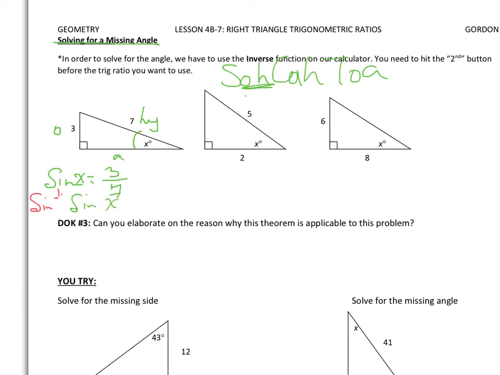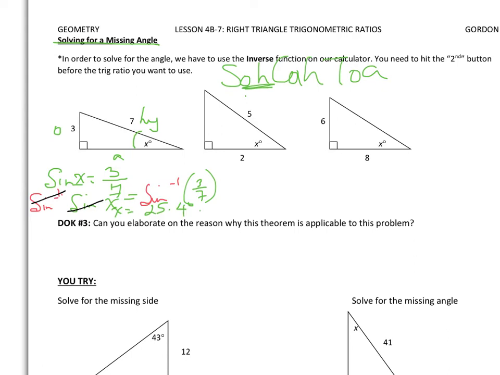To undo, right, we're going to find the sine inverse of 3 over 7, and this cancels out this. Alright, so we end up with x will be equal to 25.4. You're going to use that in your calculator.